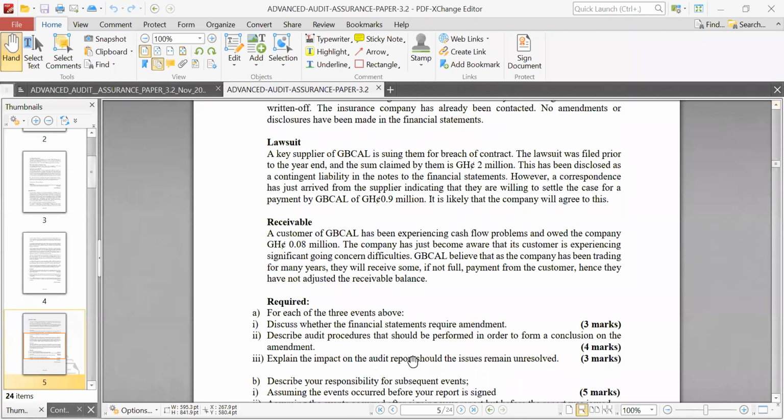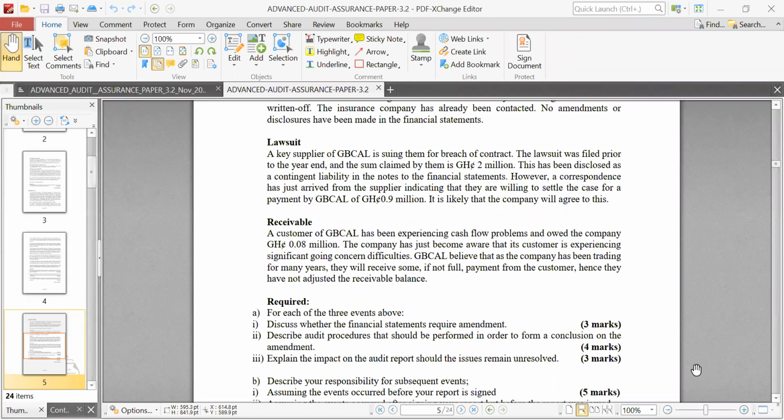Explain the impact on the audit report should the issues remain unresolved. If the issues remain unresolved, what will be the impact on the audit report? I think that's what it's asking here.